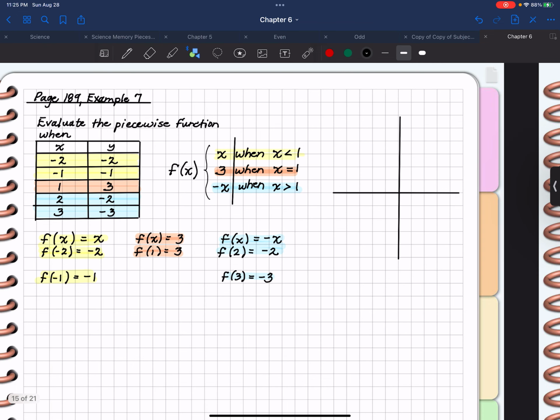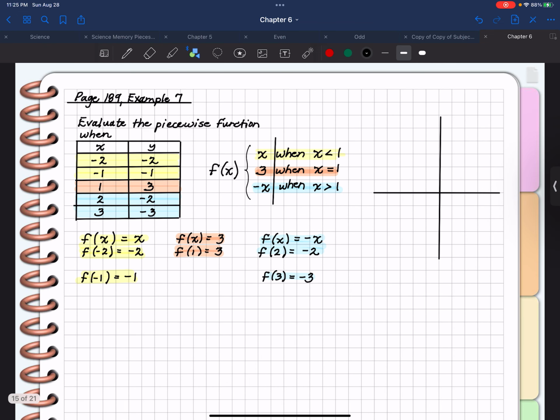Okay, let's graph the points. So we have -2, -2. That's right there. And I need to pay attention to what I'm doing here. Okay, and then we have -1, -1. That's right there. And then we have 1, 3.